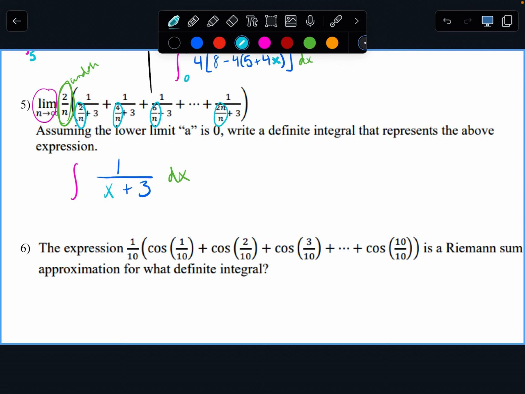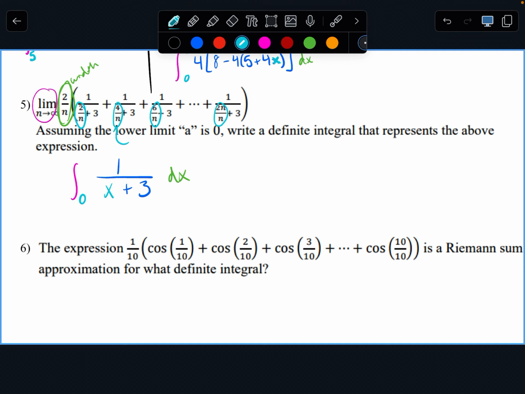So essentially this is your x sub i, right? And notice there's nothing being added to it, there's nothing in front of it. So that's how we know this integral is going to start at 0, because there's nothing being added to the 2 over n, the 4 over n, the 6 over n.